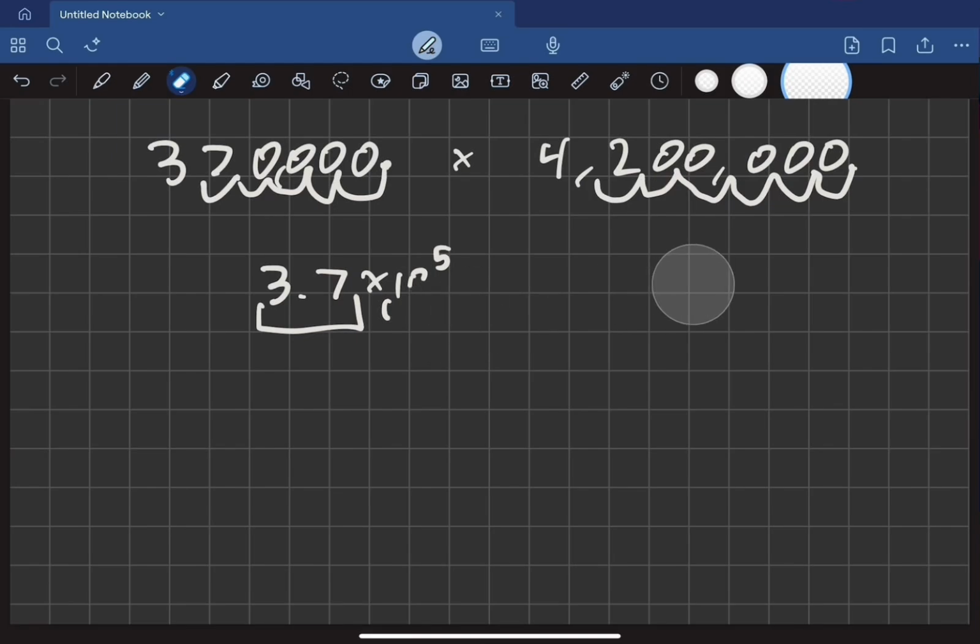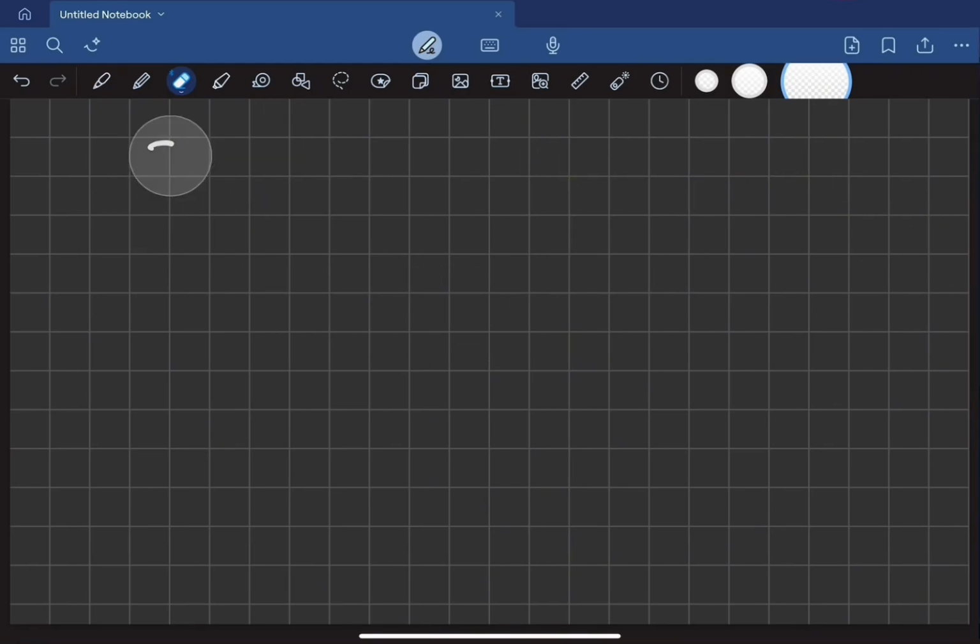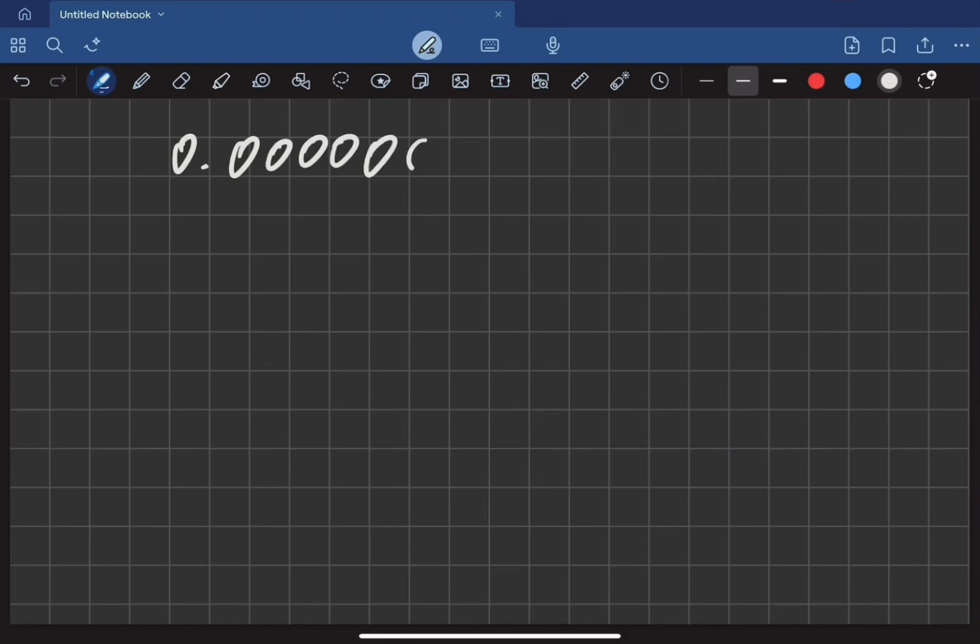The same is true if we have very small numbers. So let's say we want to multiply 0.0000004 by 376,000. And feel free to pause the video and see if you can work this out using scientific notation.